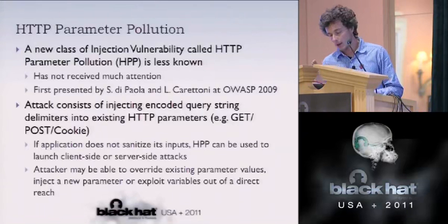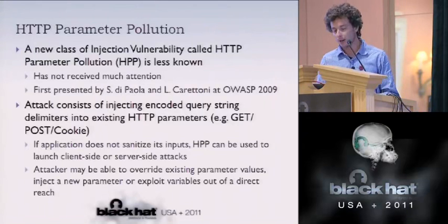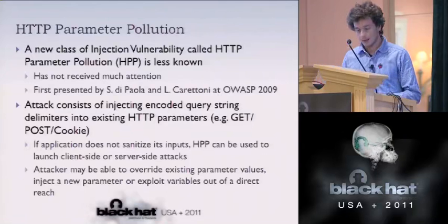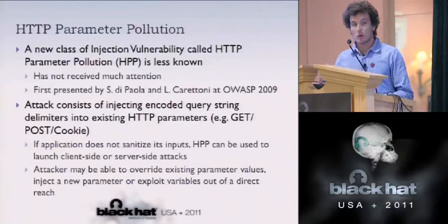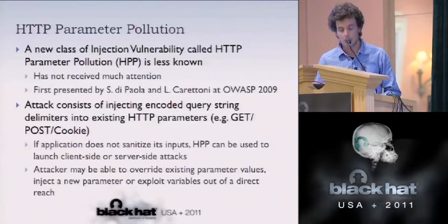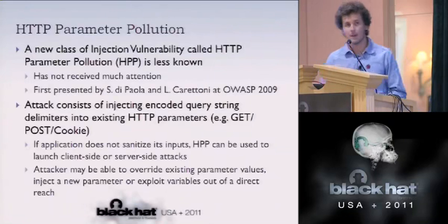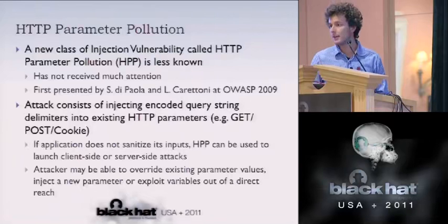This is still pretty much unknown to many of us, especially if you don't work in web. This is why we're here to talk about parameter pollution, because we would like to show that a lot of internet sites are affected by this new class of web vulnerability.